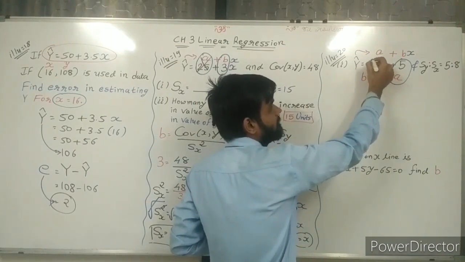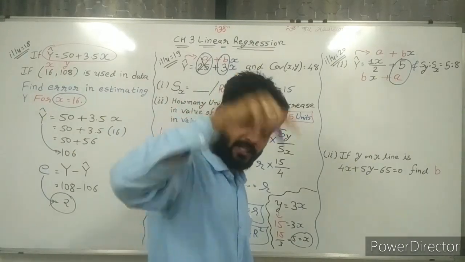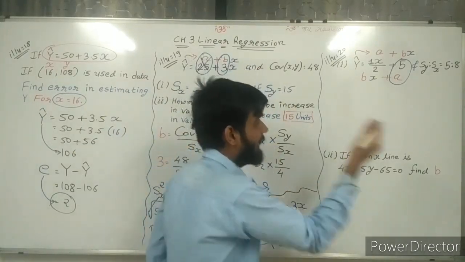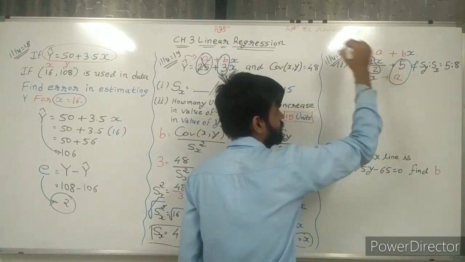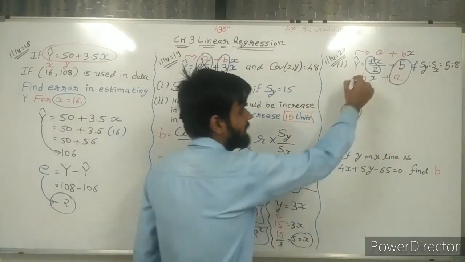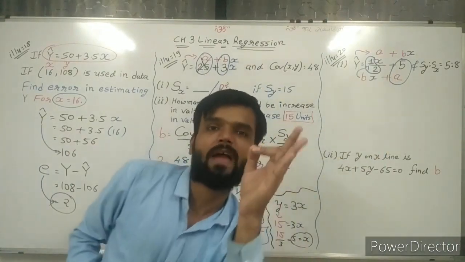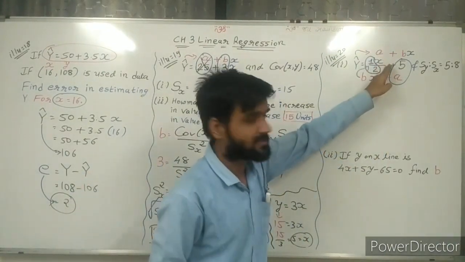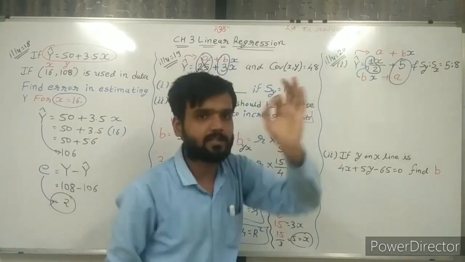It means 1 is in multiplication. And now compare with this, 1 upon 2 is my value of b. That is given with the value of x. So with x, the coefficient is 1 upon 2, and that 1 upon 2 is considered as b.